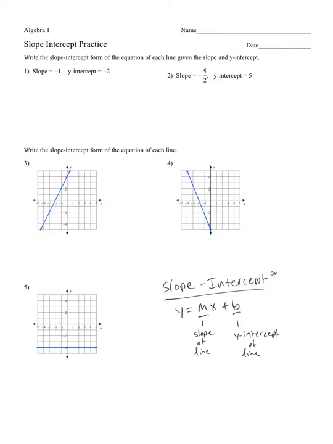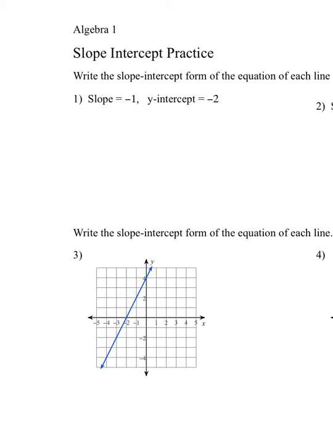These first two examples, guys, I give you a slope. In this problem, I give you that the slope is -1. The y-intercept, or the b value, is -2. So you're going to substitute those two values in for m and b.